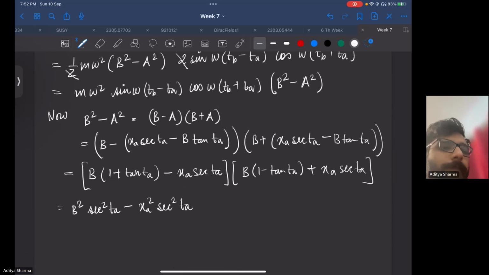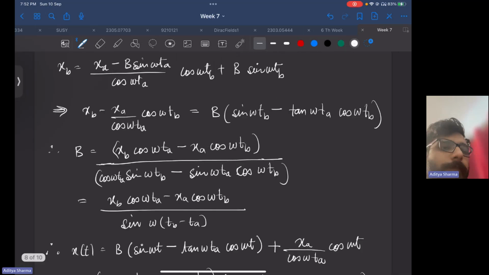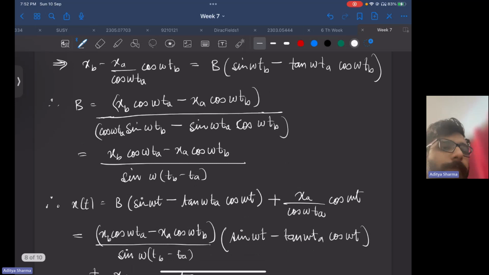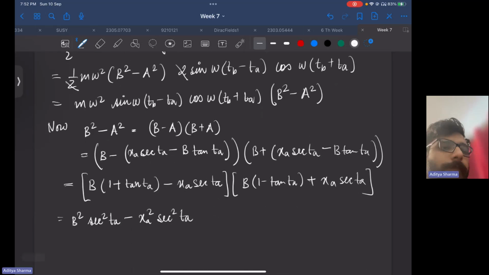What did I do? Simplify it so much. So I wrote this as xa by sec omega ta b tan omega ta. So that makes it xa sec ta minus b tan ta. And I collected b together: b minus minus plus 1 plus tan ta minus xa sec ta, b minus 1 minus tan ta plus xa sec ta.